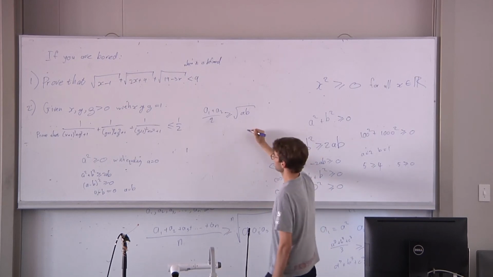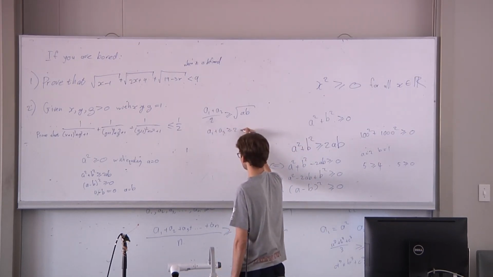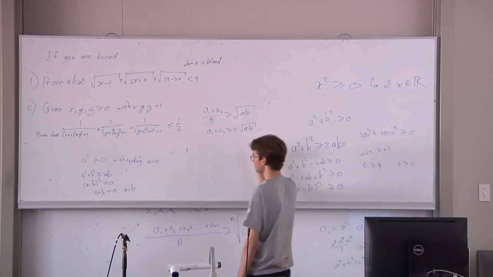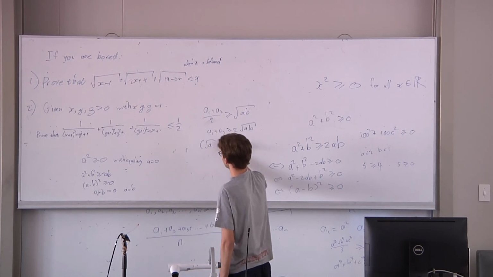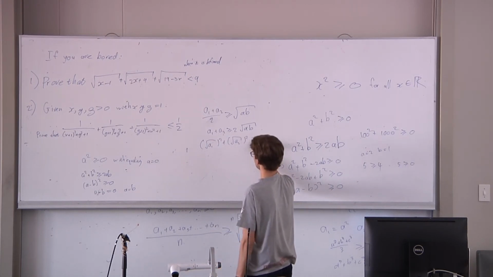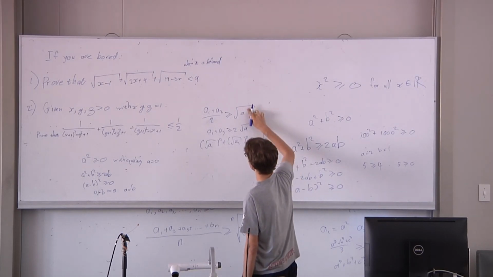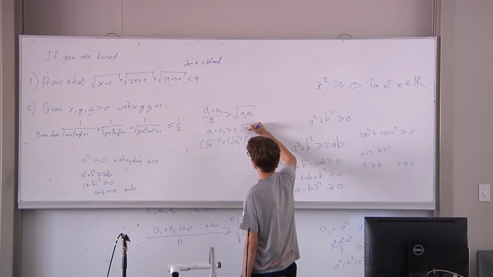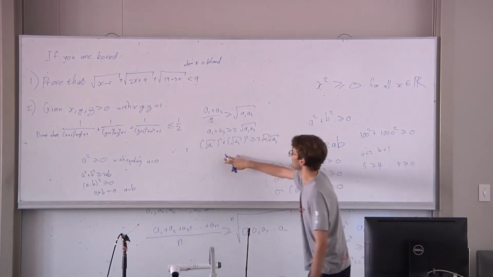from which you can see this is equivalent to a1 plus a2 being greater than or equal to 2 times the square root of a1 a2, which is equivalent to the square root of a1 squared plus the square root of a2 squared being greater than or equal to 2 times the square root of a1 times the square root of a2.